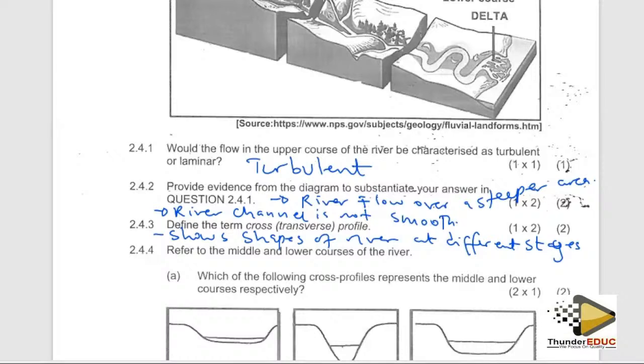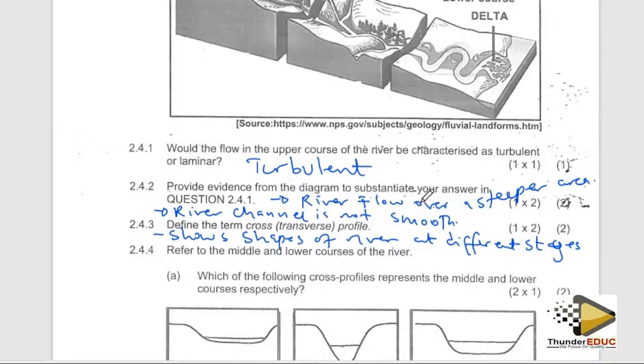That's why we're able to see the V shape, the U shape, or the flat shape. Right.